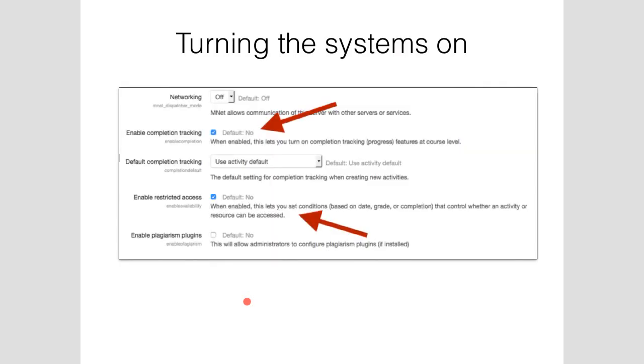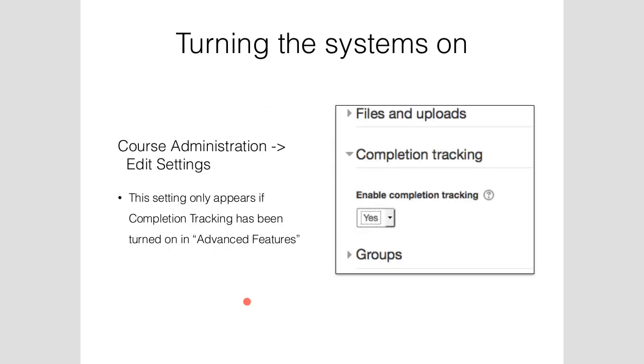So within that, there's a whole list of these. This is towards the bottom of the list. And there's the two settings there. So enable completion tracking and enable restricted access. So really, just a site administrator needs to go and turn these on. For the completion tracking, it's also required that you turn it on per course where you want to use it.